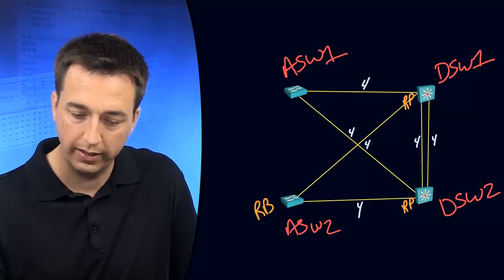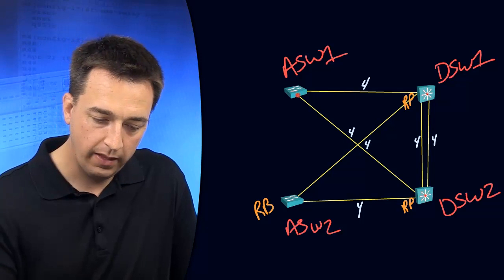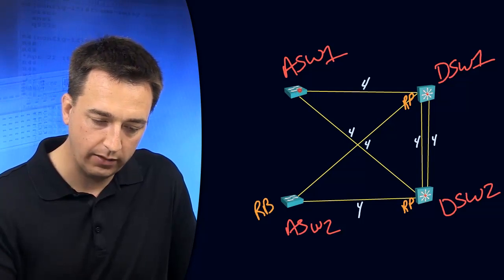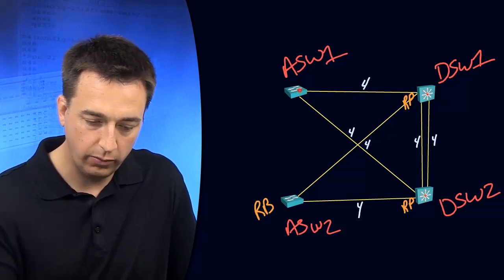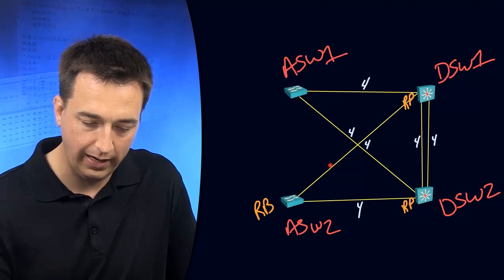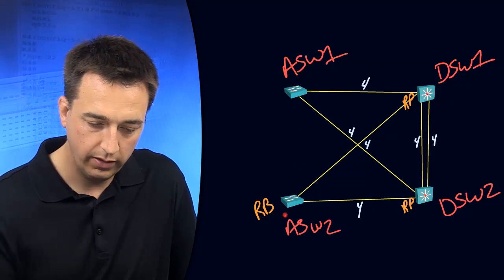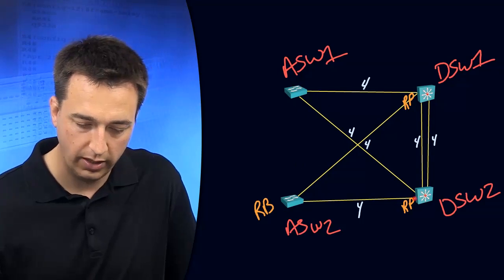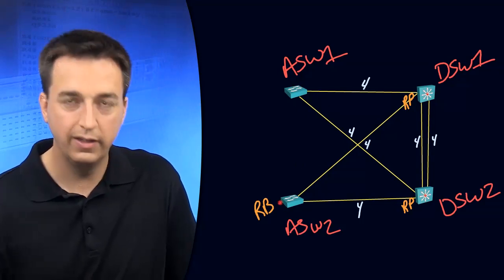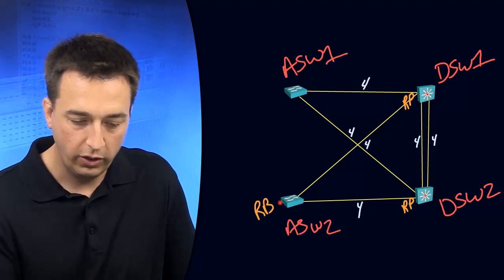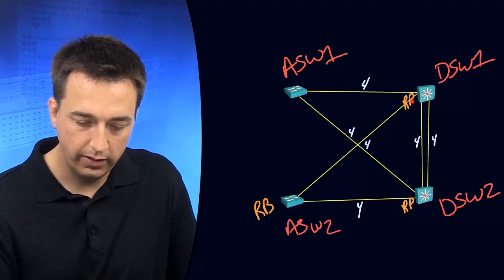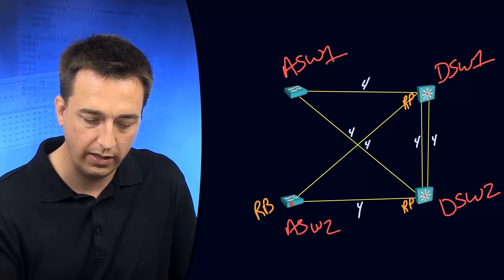And then lastly, if we look at ASW1, how do we get back to the root bridge? Do we go this way, which is a cost of 8? Do we go this way, which is a cost of 12? Or do we go this way, which is a cost of 8? Oh boy. We have a tie, don't we? Going through DSW1, then down to ASW2 is a cost of 8.